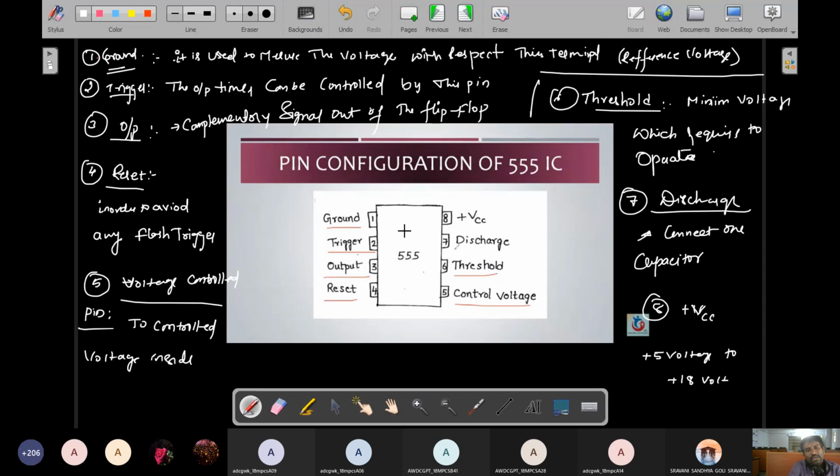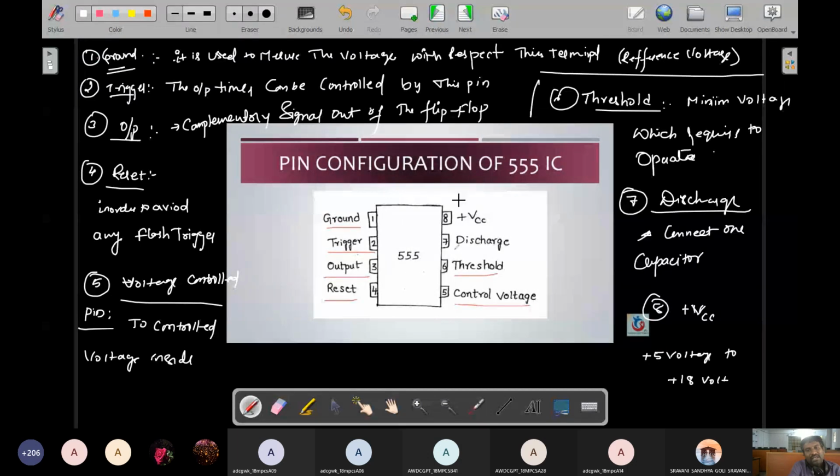That voltage is taken to the comparators, which we connect to the 555 IC potential divider. So these comparators can select any high signal. The threshold voltage is helpful because it is the minimum voltage required to make the instrument work.